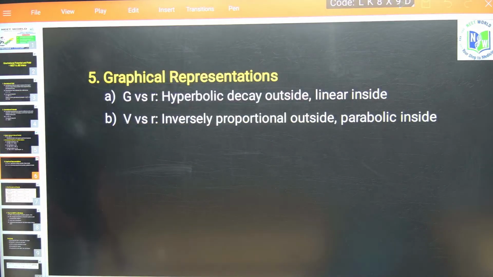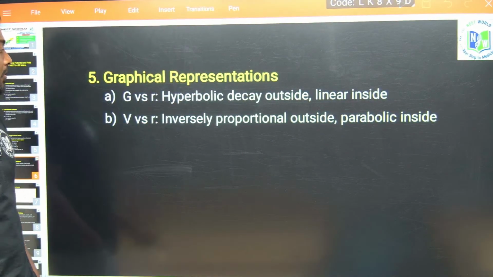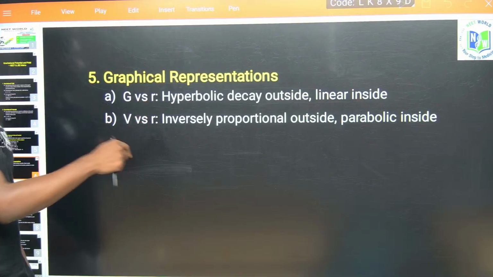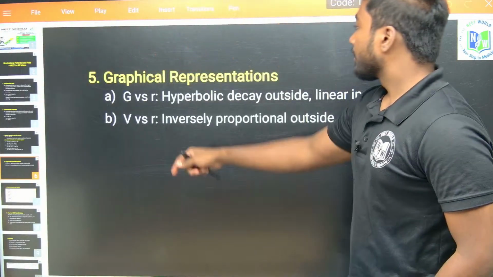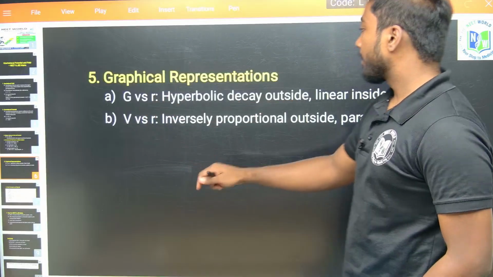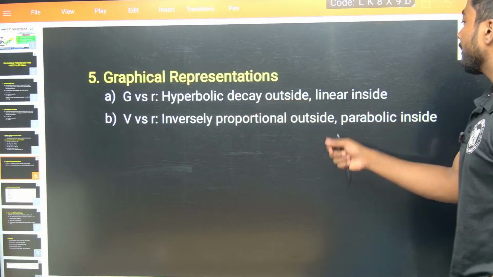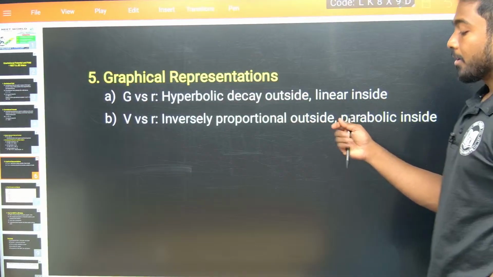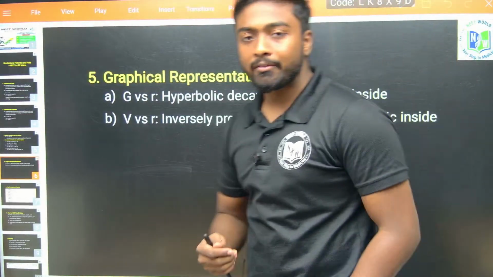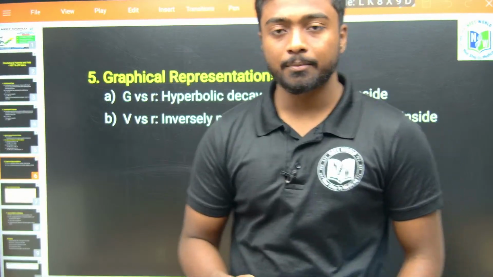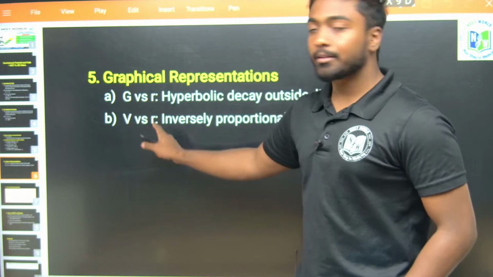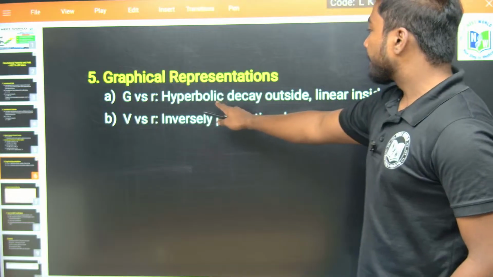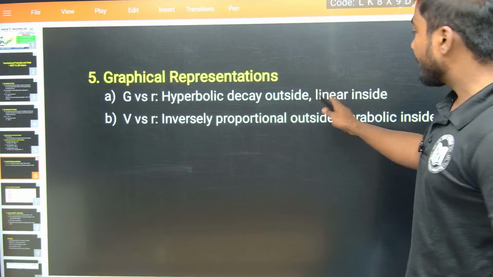So graphical representation. When g versus r, that is the gravitational intensity versus r, okay, hyperbolic decay outside, linear inside. Whenever they ask graph questions related to the intensity and the radius and potential and the radius: hyperbolic decay outside, linear inside.